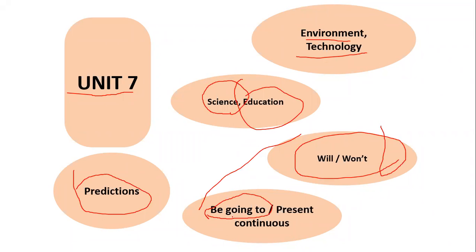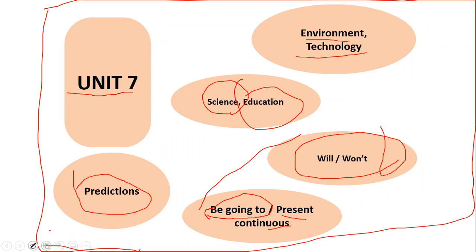We're going to focus more on this in present continuous. Do you have questions with Unit 7? So these are the things that we're going to practice: vocabulary, grammar, reading, listening.